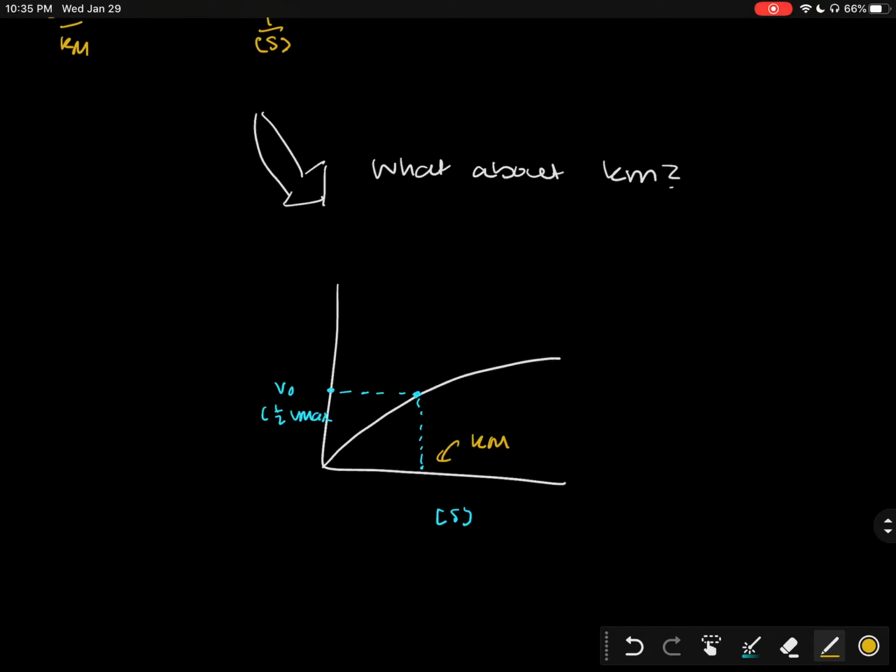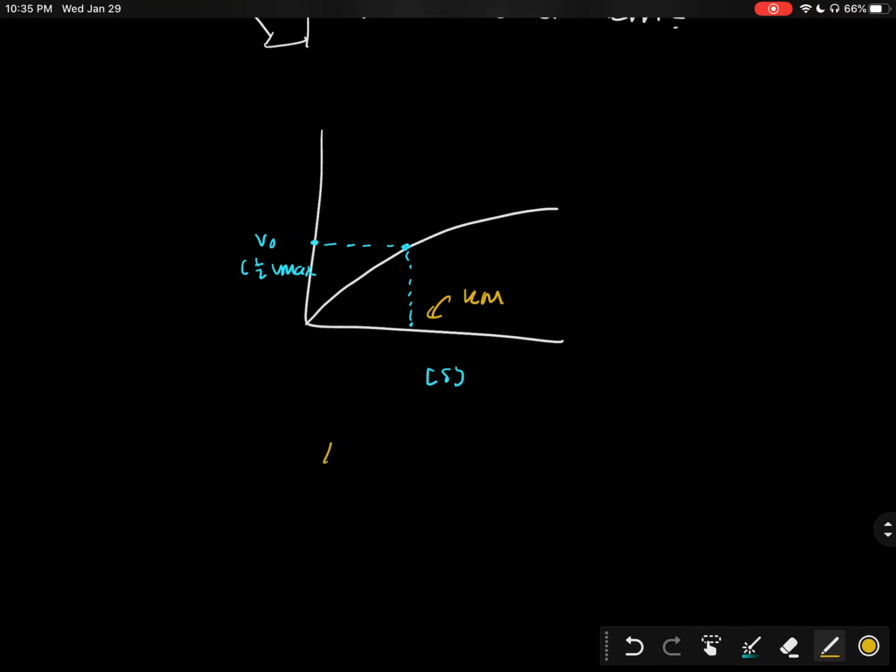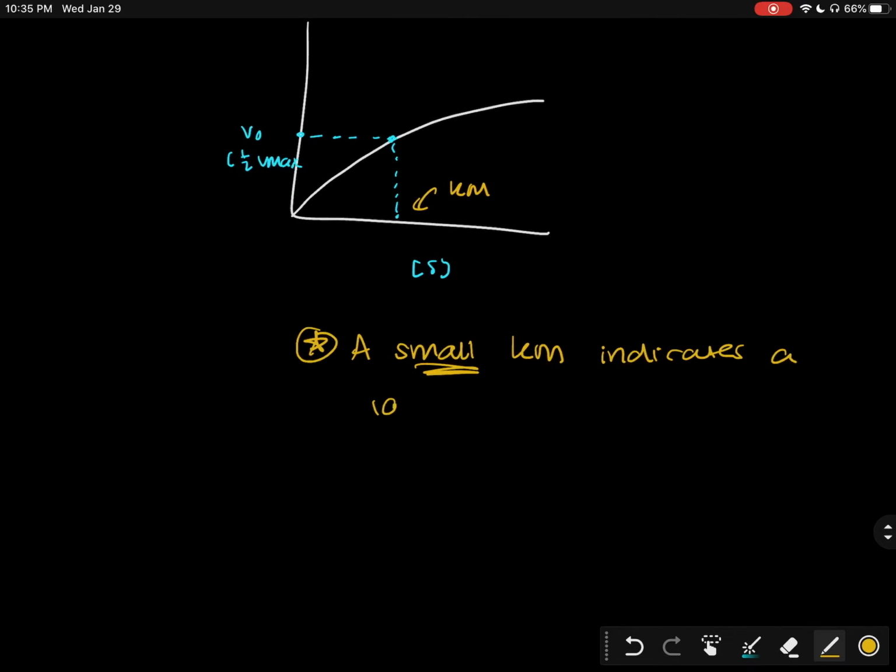A small Km indicates a larger affinity for the substrate.